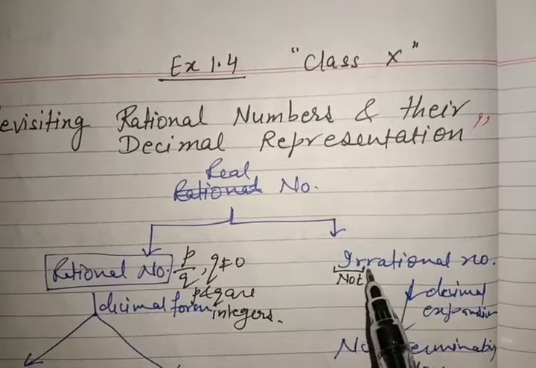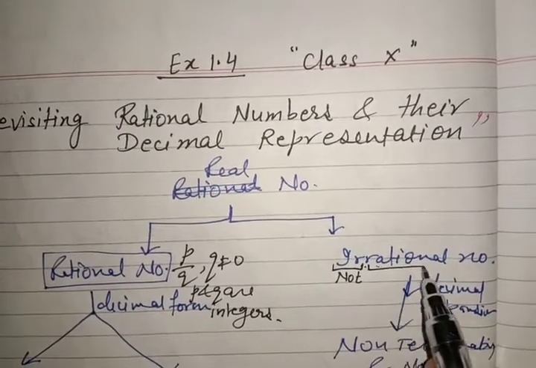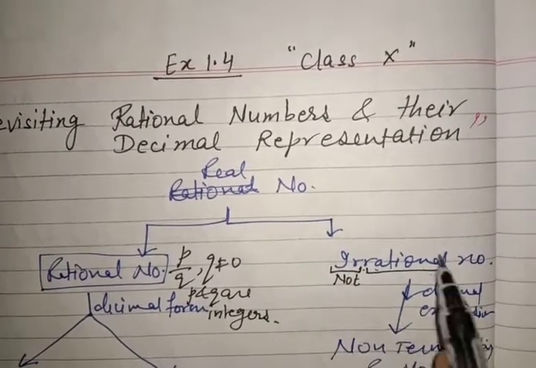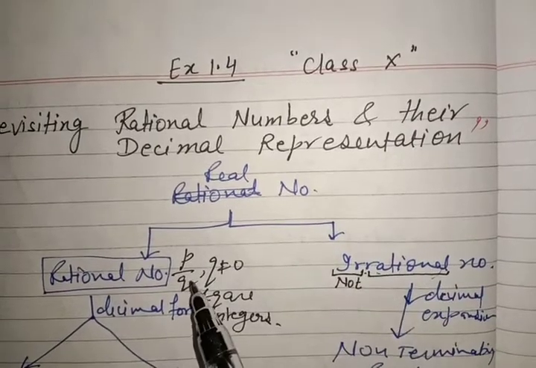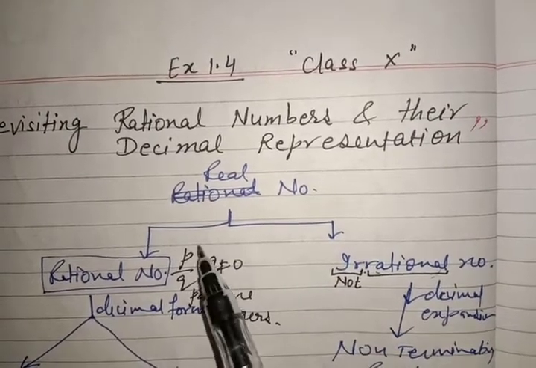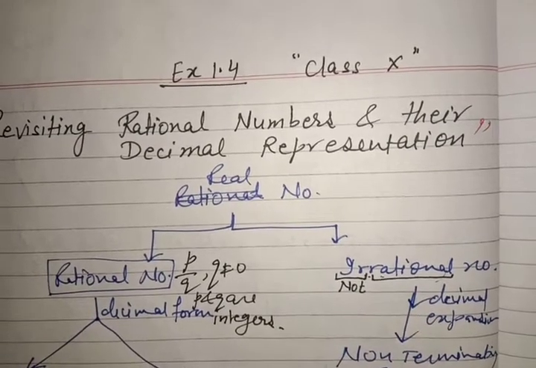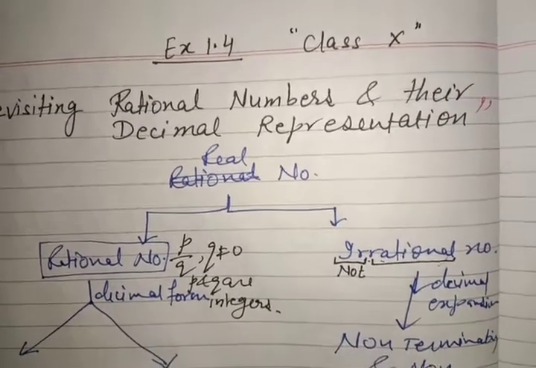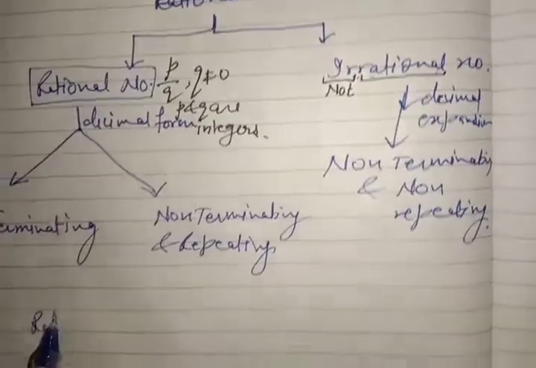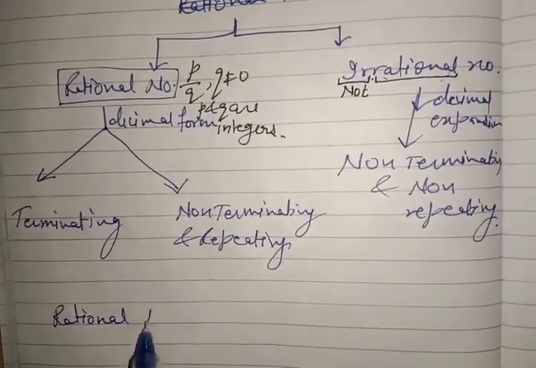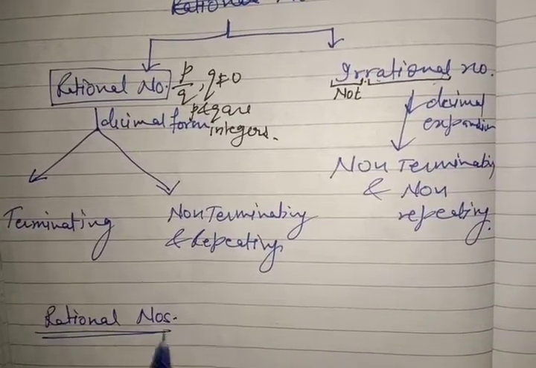So the numbers which are not rational are called irrational. So the definition of irrational: the numbers which cannot be written in the form of P over Q. First of all, I am going to take some examples of rational numbers, and after that we'll discuss one by one.